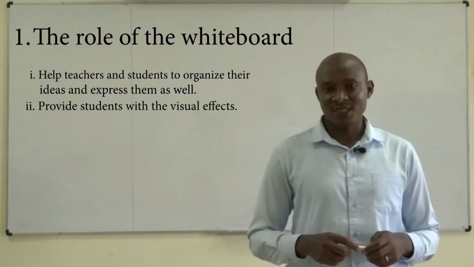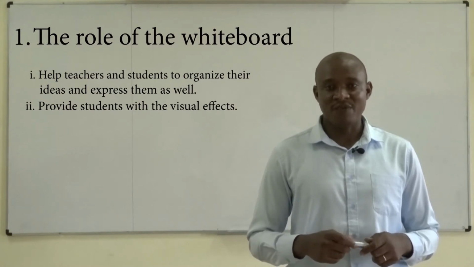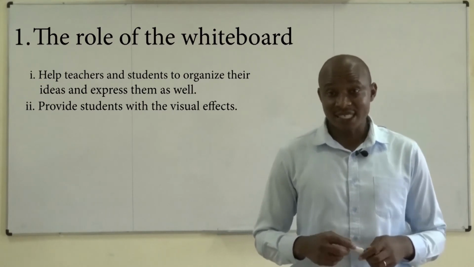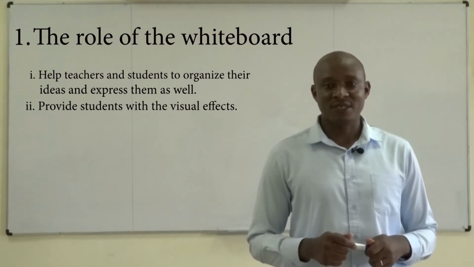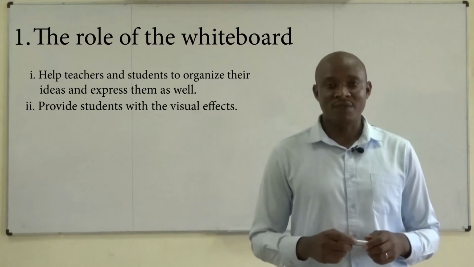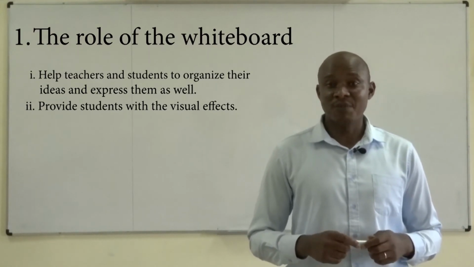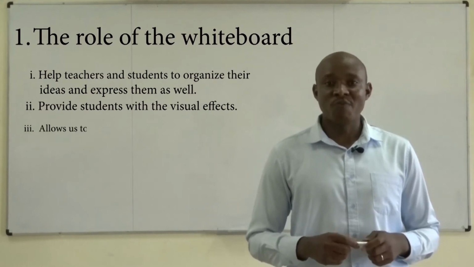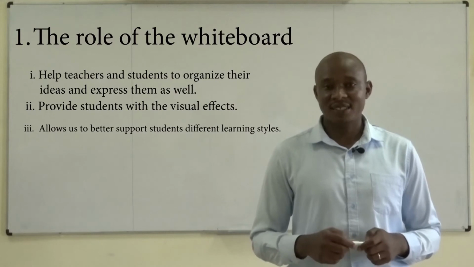As we speak to the students, we are providing them with verbal information, and writing the same on the board augments the verbal information with visual information. The third point is that the whiteboard also allows us to better support students' different learning styles.